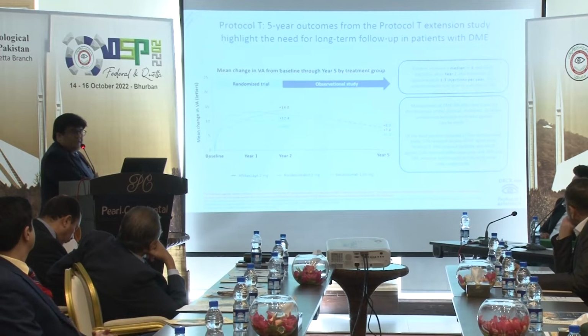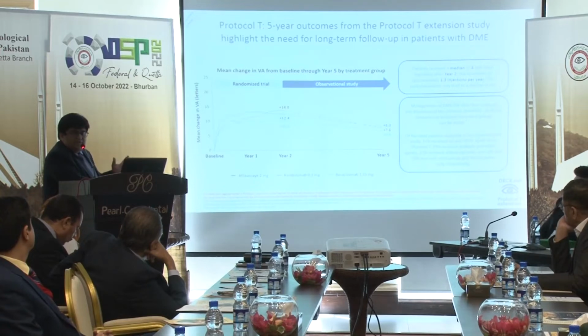So what happened when they got 1.3 injections per year in the 3rd, 4th or 5th year? There was a dip from plus 14 letters of visual gain to plus 8, but still it's higher than the other groups. So the message is that if you keep on injecting on a PRN basis, if you keep following the patient and counsel the patient very well, this is what I see. I ask my patients to see me every 3 months.